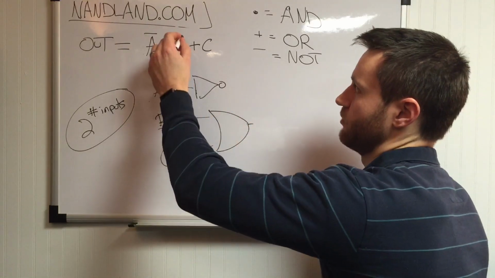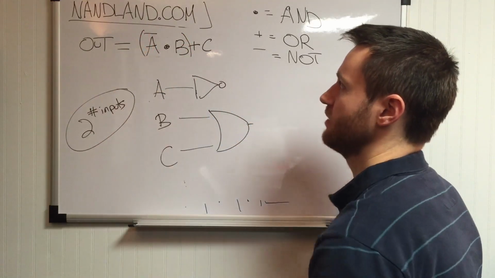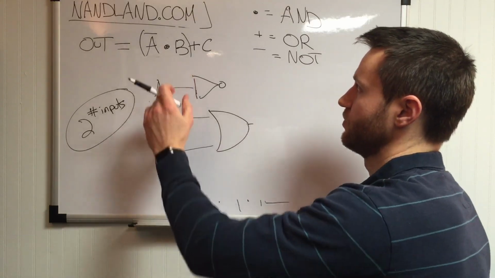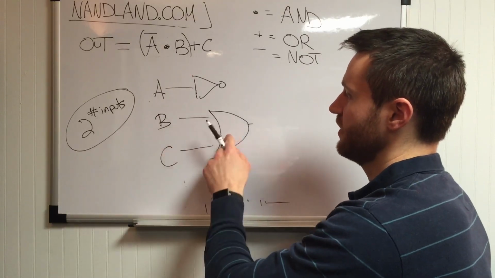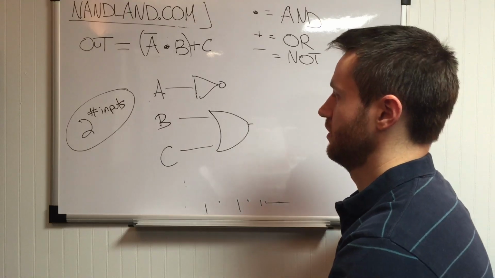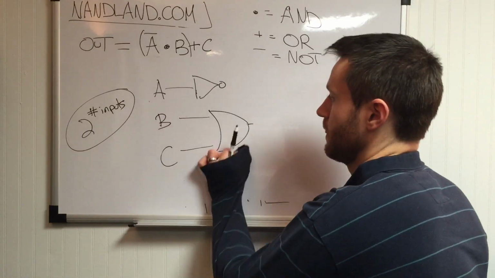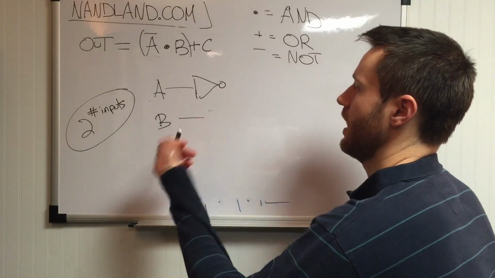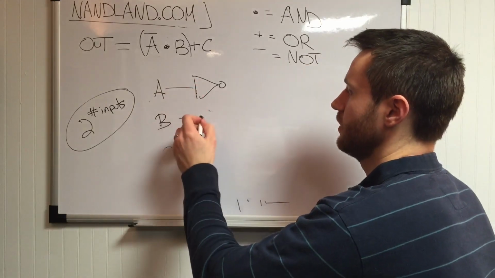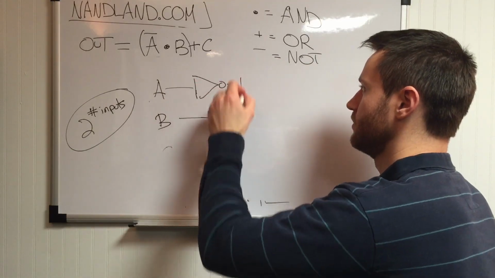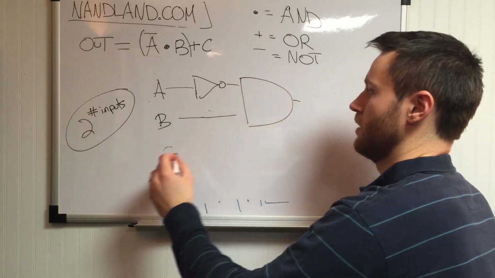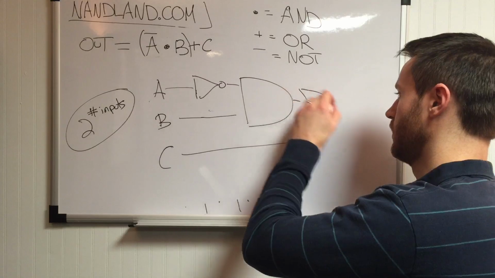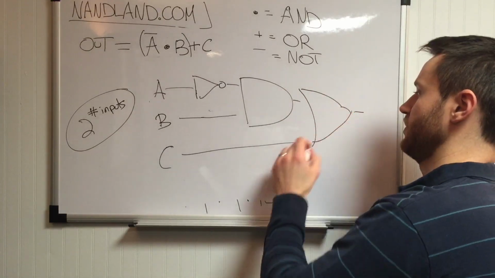Actually, one thing I should point out here is that the AND is going to have precedence in this particular circuit, the way I wrote this here. So if I were to draw the B and the C first, that would actually be incorrect. What really happens first is not A gets inverted, and then A and B together go into an AND gate, and then the output of that gets ORed in an OR gate with C. So there you go.